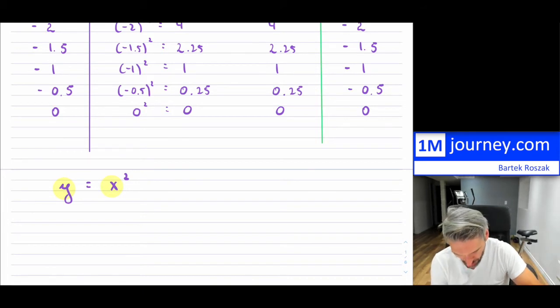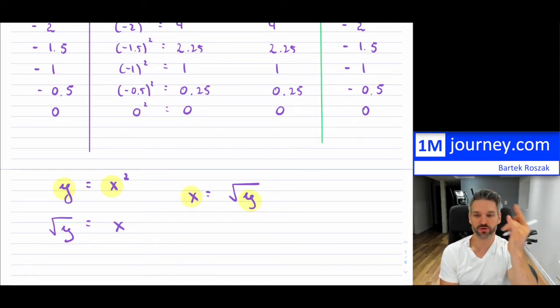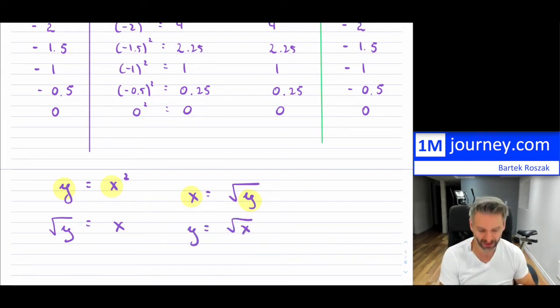If I want to swap that, then I'm going to take the square root of both sides, and I'm going to get this, which means that my inverse is that. But of course, this x and the y, we were swapping those. So this is going to look something like this. And that would now be your inverse, which is your square root.